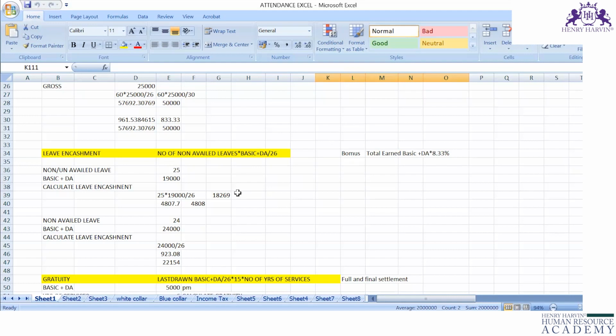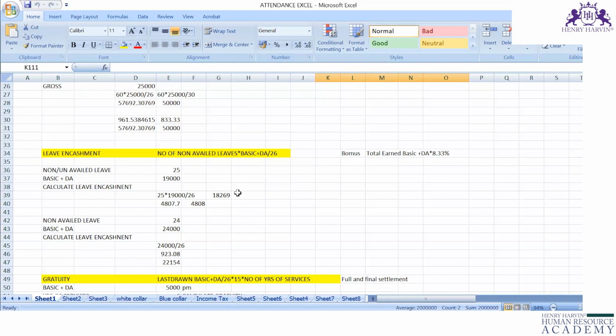Understood? Okay. But casual leave, sick leave, sabbatical leave, bereavement leave, paternity leave, these are all the leave where the government is not saying anything. It is the choice of the organization to give these leaves or not. Some organizations will give only casual leave and earned leave.